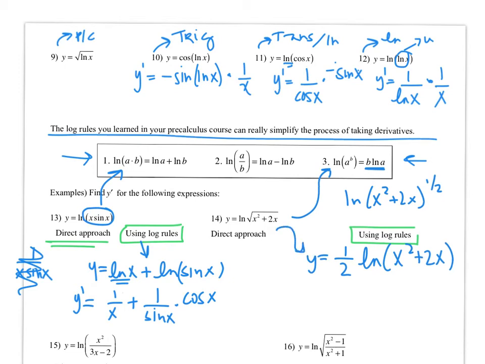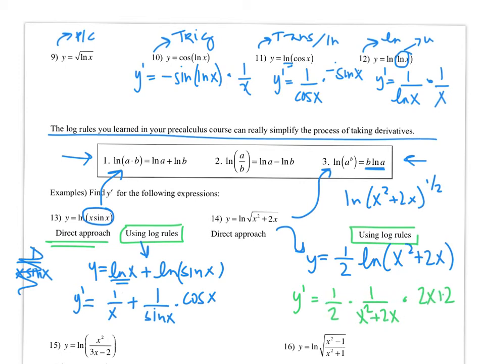Now we have a constant coefficient of 1/2. So y prime is equal to 1/2 times, let's take the derivative of ln of this guy. So ln of u is 1 over u du. 1 over u du. Okay, and then it's just a matter of multiplying across.